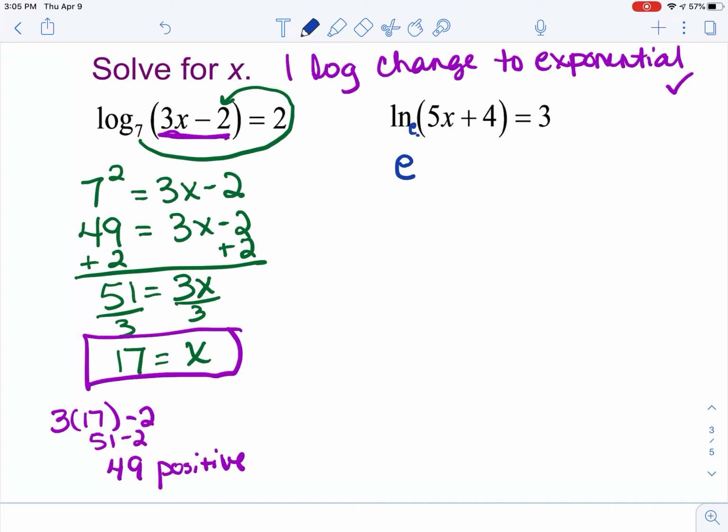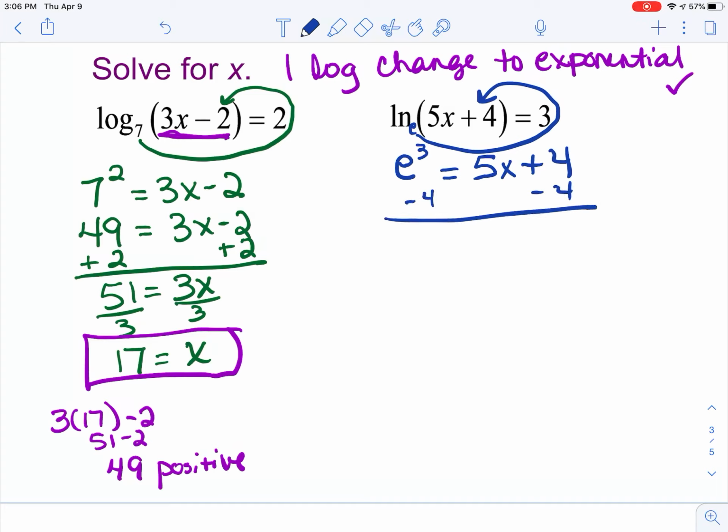So e to the third equals 5x plus 4. Well, I'm not going to put e in my calculator yet. I'm just going to subtract 4 from each side. e to the third minus 4 equals 5x. Divide by 5.